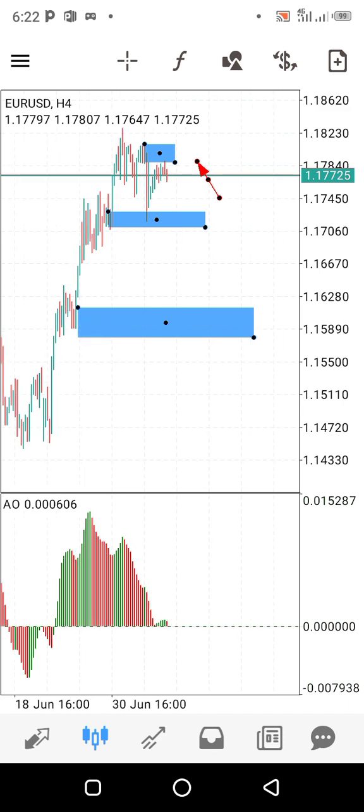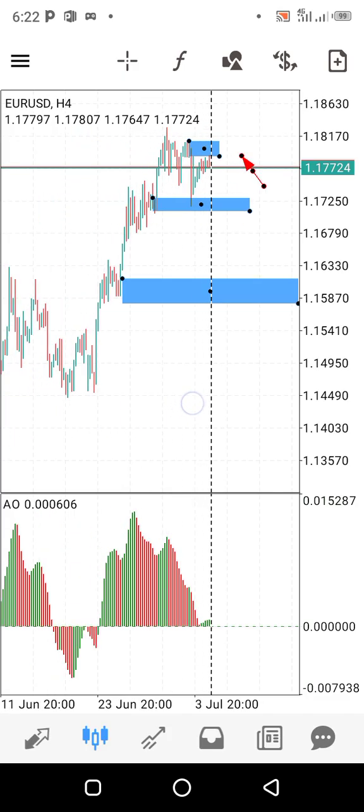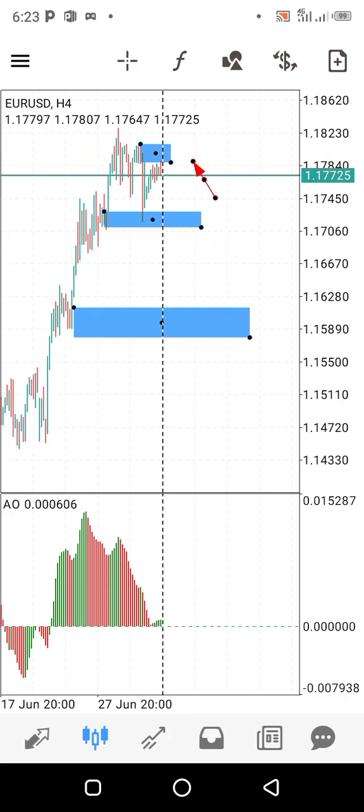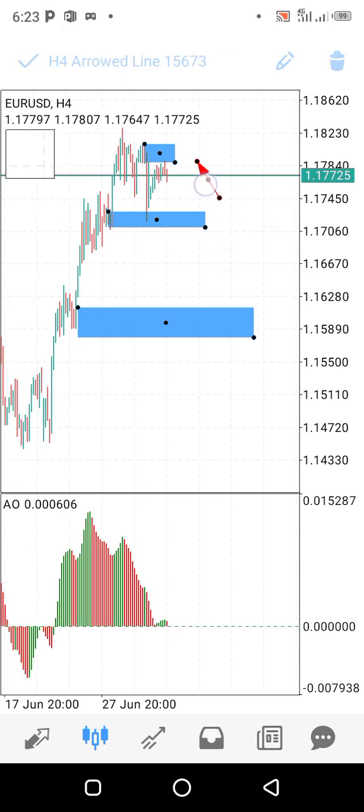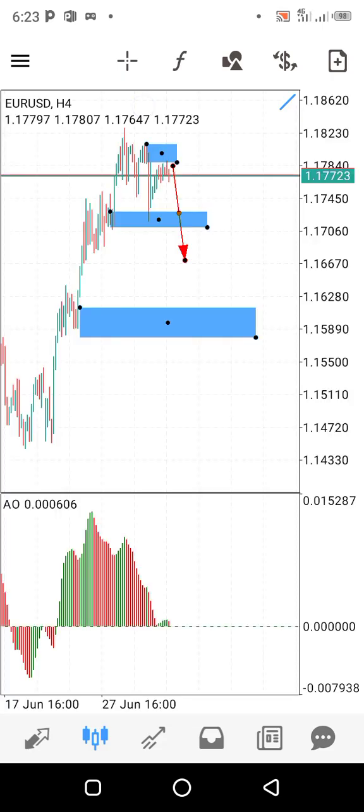So if price is able to break that first zone, then we have a high probability of price continuing, and it may drop even further. So if price is able to break here, let's say, then we can experience some bit of a pullback.